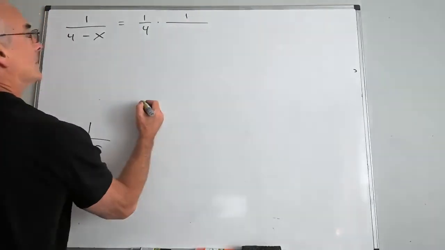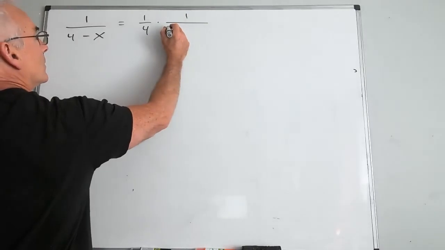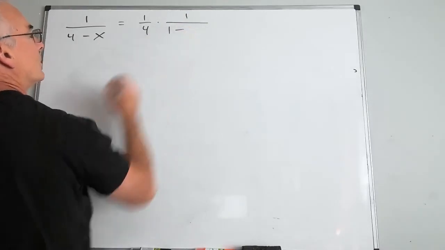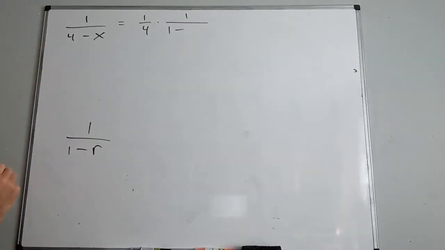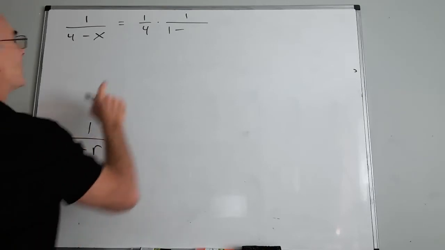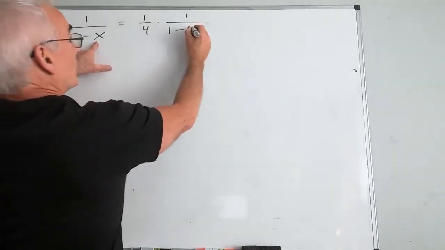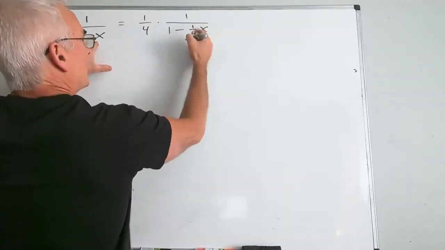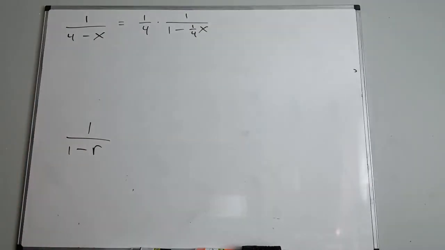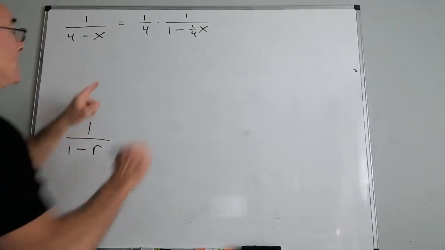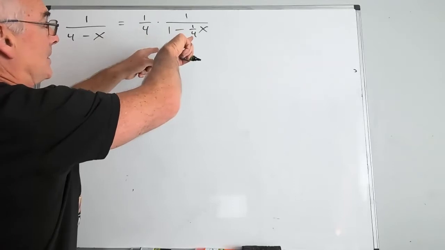1 over... anybody? R or X over 4. X over 4 or 1/4 x. You'll find 1/4 x is actually going to be easier. But yeah. Now, do you all agree that algebraically these are the same?